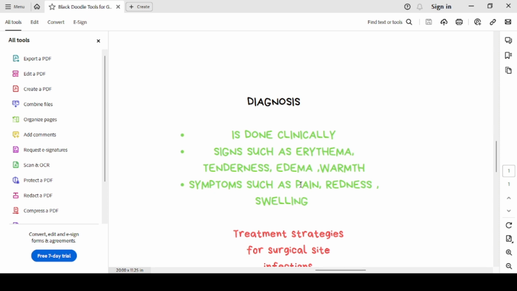So the patient will complain of pain, redness, and swelling. And what we observe is erythema, tenderness, edema, and warmth. All right. So we see these things, and that is how we diagnose surgical site infection.